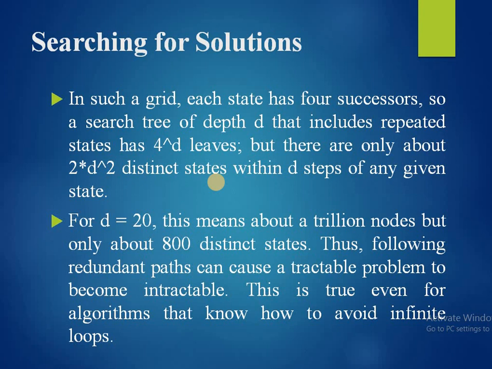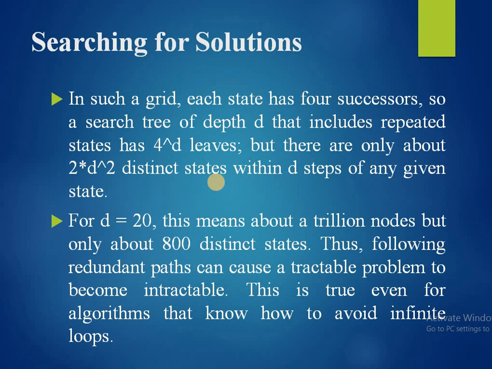In such a grid, each state has 4 successors. So a search tree of depth d that includes repeated states has 4^d leaves. But there are only about 2d^2 distinct states within d steps of any given state.